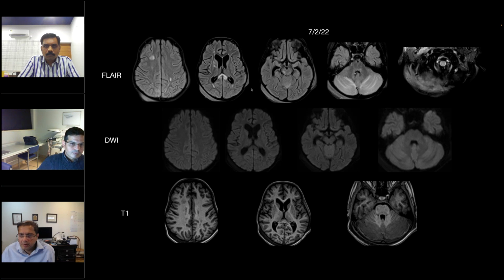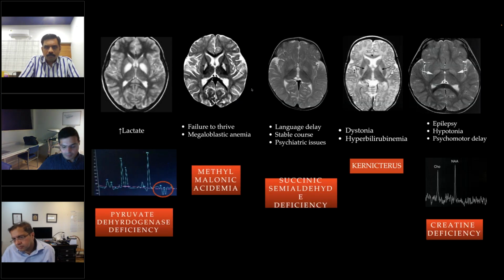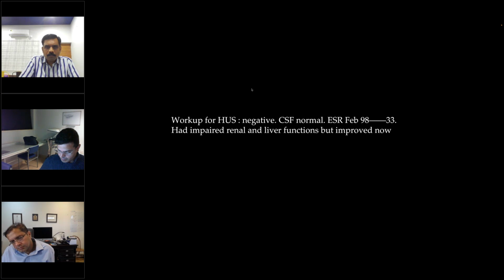Dr. Survi, was there any evidence of intravascular hemolysis, like for TTP? There were schistocytes, but not very significant. And for HUS, actually, they had sent a genetic panel also for HUS, which turned out to be negative. So they were thinking of HUS.